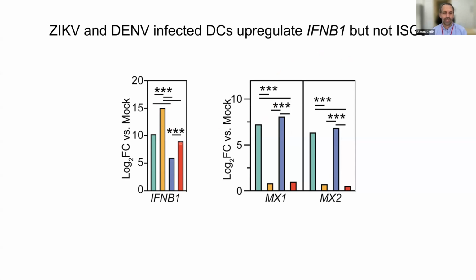What you can see here is that virus infected cells in red and gold make more interferon beta than the bystander cells, so it's predominantly produced in infected cells. The infected cells themselves are able to make type 1 interferon. However, they cannot respond to type 1 interferon in either case, Zika or dengue. No interferon stimulated genes are produced.